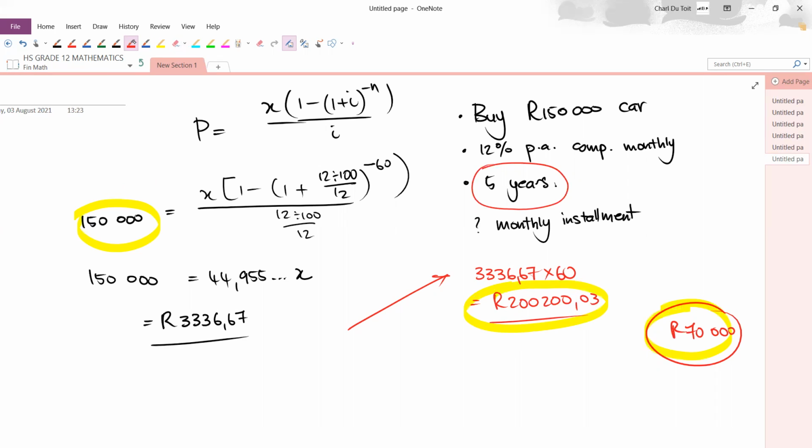Sorry, 150, no, 120. You're getting 70 for it, you paid 200, so there's 130. So I did say 130. So I'm going to take 130,000 Rand and divide it by 60. So that car cost me, or I lost, 2,166 Rand a month.